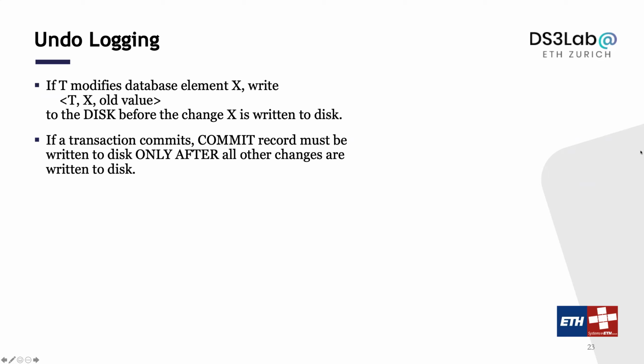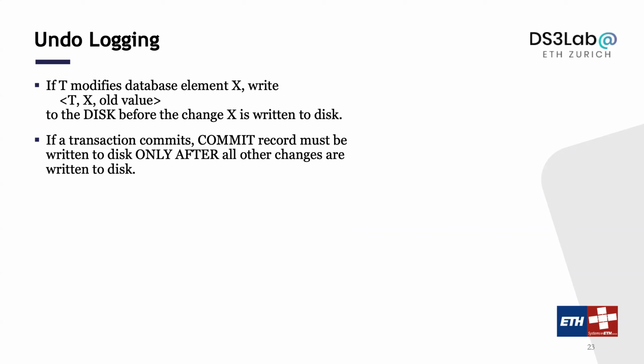It's based on a very simple idea. If one transaction modifies a database element X, we write one log record into the log, saying that the transaction T updated the object X, and here is the old value. Then I'm going to flush this to disk before the transaction T changes X on disk.